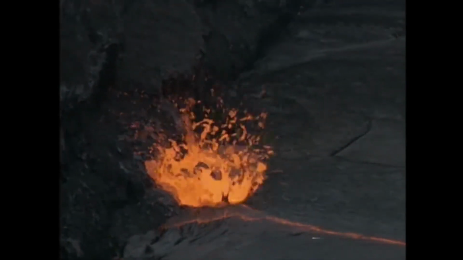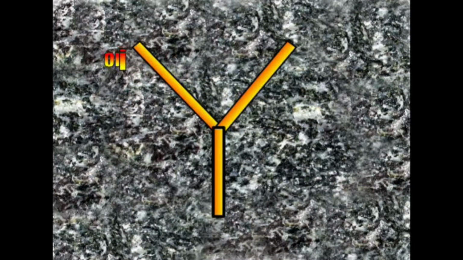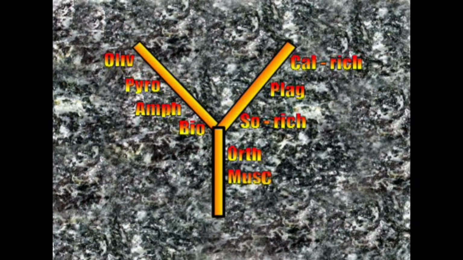The Bowen reaction series still has a very important significance within igneous petrology, because on the basis of Bowen's reaction series, we can study how the different minerals are formed at different depths and different temperatures.